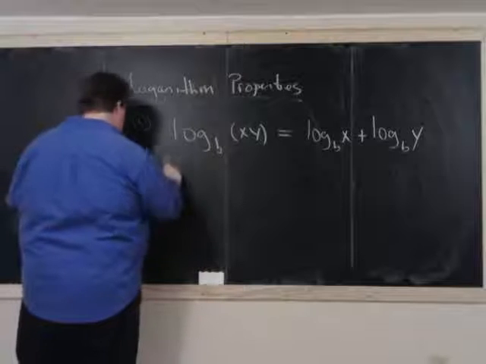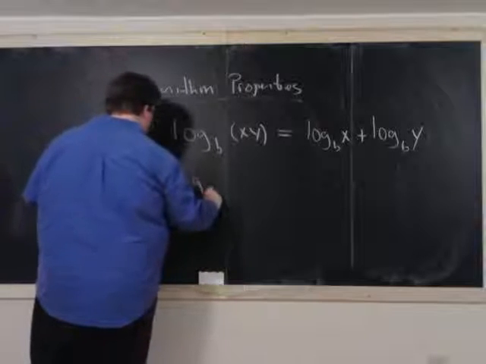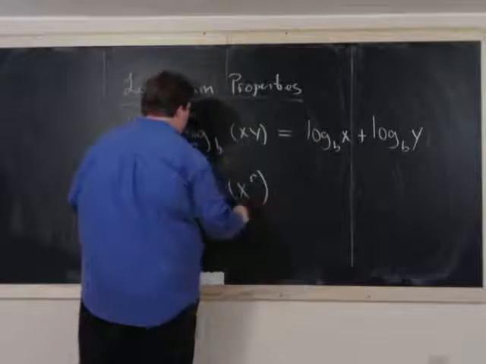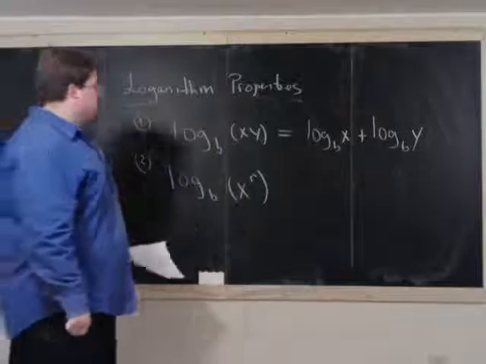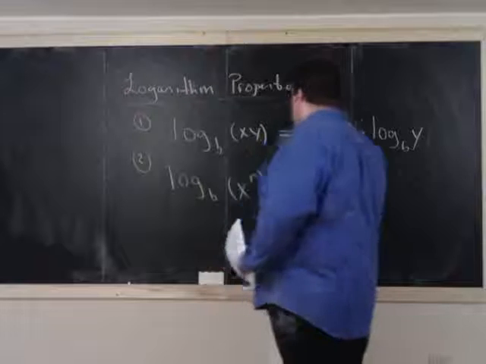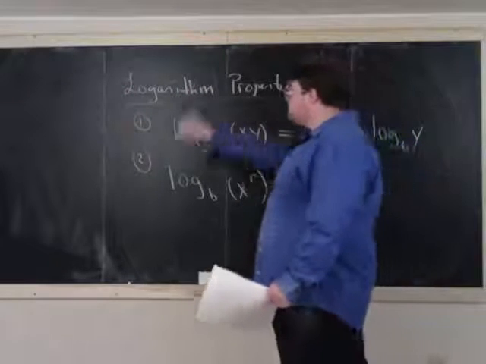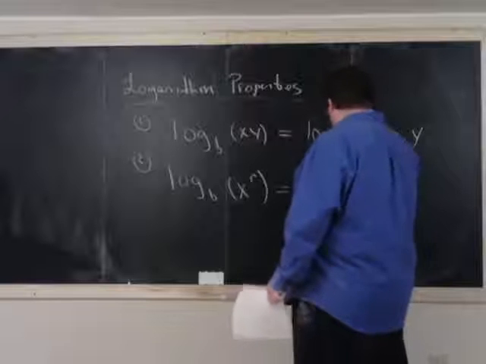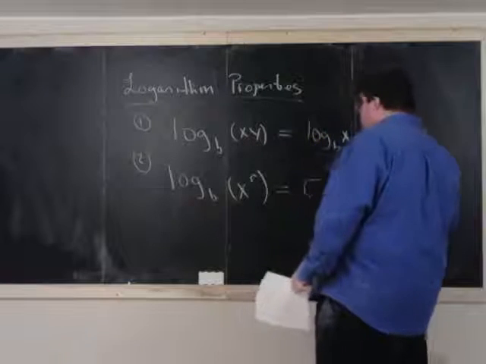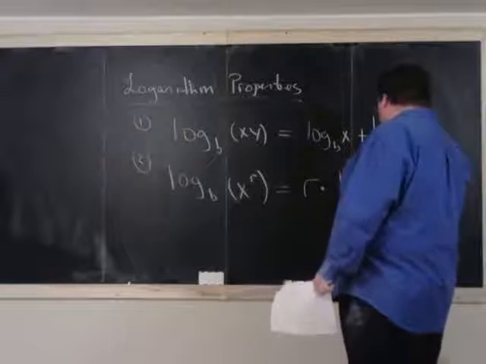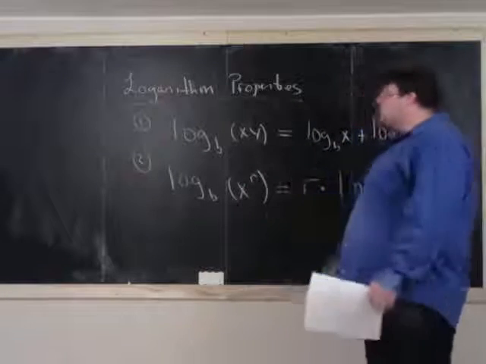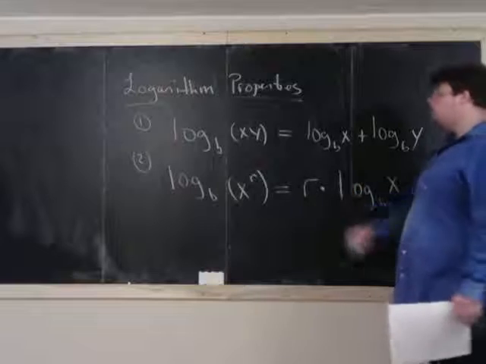The next one, logarithm with base b of x to some number r. This exponent comes in front as a product. So you get r times log of x with base b. So logarithm of x to the r comes out in front as a product.